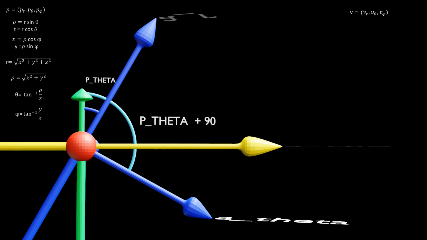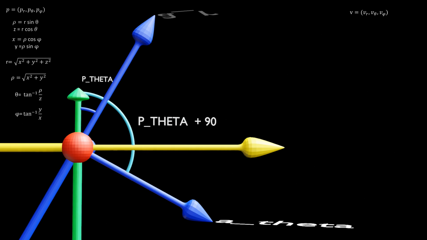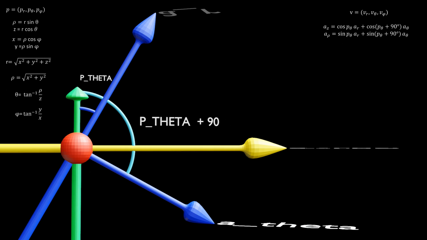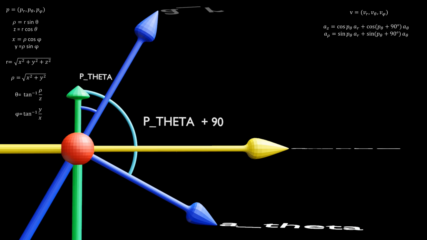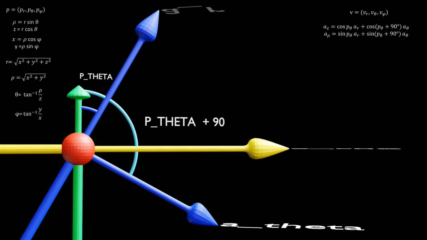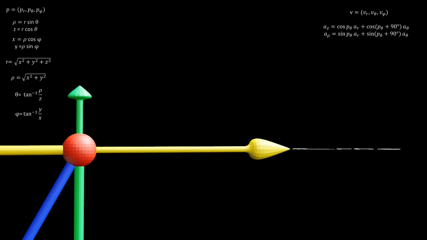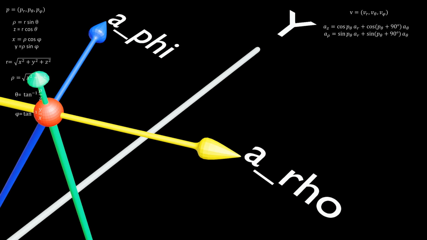So now we can take the component of both of these unit vectors along the z-axis by taking the cosine of their angles, and along a rho axis by taking the sine of their angles. Now instead of r and theta, we have rho and z, which look similar to the cylindrical coordinate system.